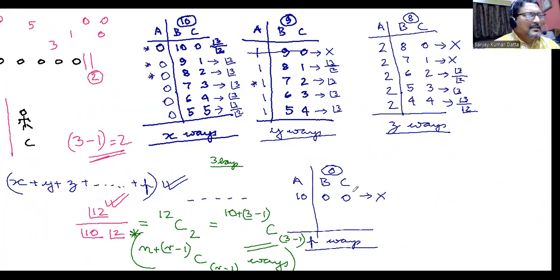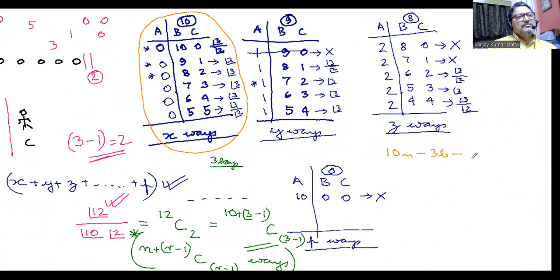Okay? Look, study this. What is happening here? Tell me, in this case, what was being done? Well, in this case, 10 marbles were being distributed among 3 boys, so that a boy may not get a marble.